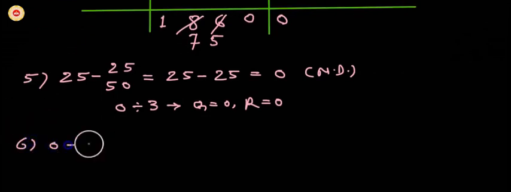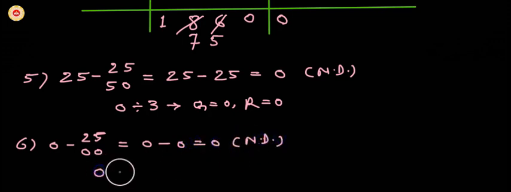Gross dividend 0 minus the cross product of flag digits 2 and 5 and the last two quotient digits 0 0, which gives us 0 minus 0. 0 is the net dividend. Divide net dividend 0 by the actual divisor 3, which gives us quotient 0 and remainder 0.